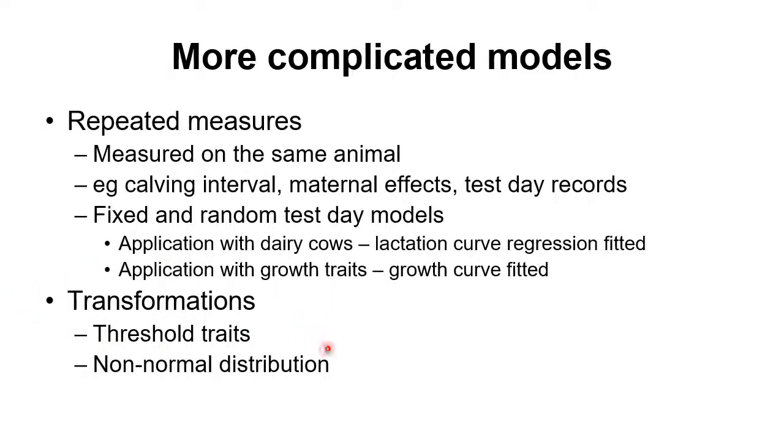Then there is also the possibility of so-called transformation. We have mentioned threshold traits. It's what I would like to sometimes call all or none traits. You either measure something or you don't. Either a cow calves or she doesn't calve, so there's a specific threshold. Or traits that are not normally distributed, like somatic cell count, for example, in dairy cows. So you have these spikes or peaks.